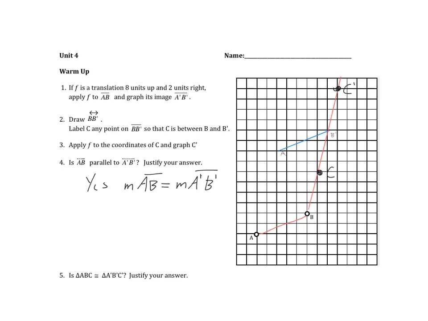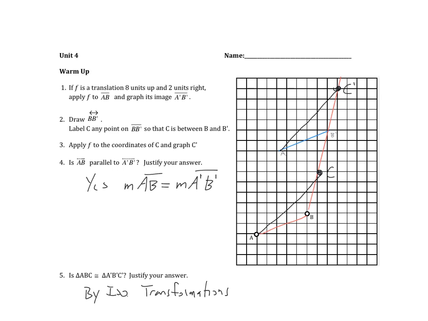So I'm going to draw in ABC and A prime, B prime, C prime. Well, by isometric transformations, we know that the segments created by these transformations will be congruent.